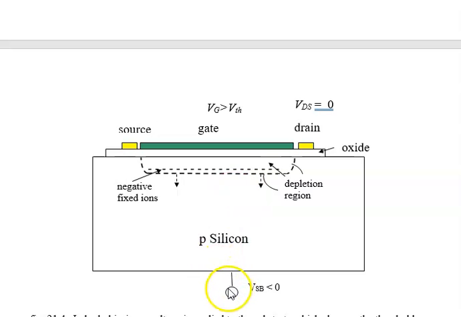So if we put a bias on the substrate, it's like we're changing the bias on the gate. So it's not unreasonable to think that the body bias and the gate bias will work in tandem. And that indeed is the case.